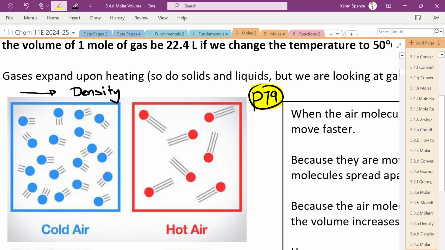What's happening to our density? It decreases, right? There's fewer particles in the same amount of space. So it just has less mass per the same amount of space.